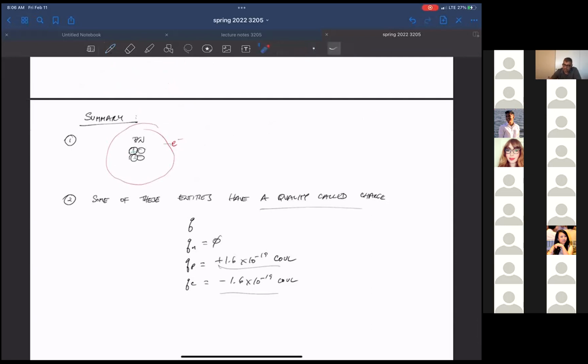But the reason the protons can sit next to each other has to do with the different kinds of forces we talked about. There's a force of gravity caused by masses, and although it's a very weak force, we said it was about 10 to the 40th smaller than the electric force.